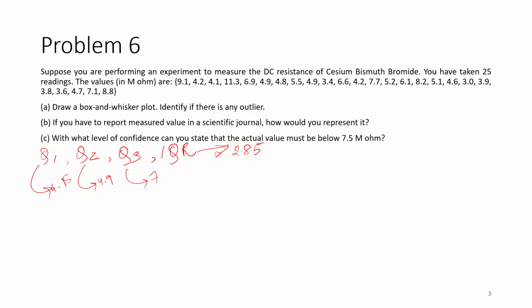Okay. So is there any outlier? How to find an outlier? 4.15 minus 2.85 times 1.5. That is, Q1 minus 1.5 IQR. So how much is this value coming?